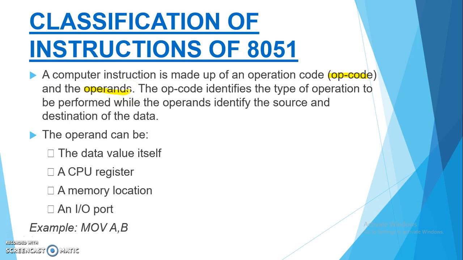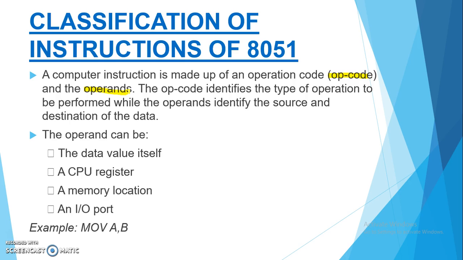Let us understand what opcode and operand mean. Opcode is simply the type of operation to be performed. Let us say ADD. If we want to add 2 registers' contents, we write ADD. So ADD becomes the opcode, the type of operation that we want to do.